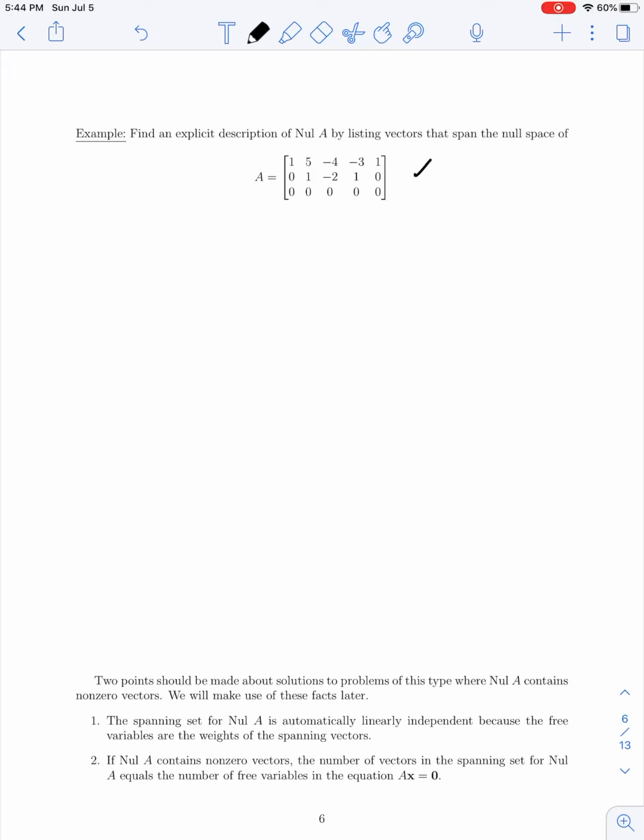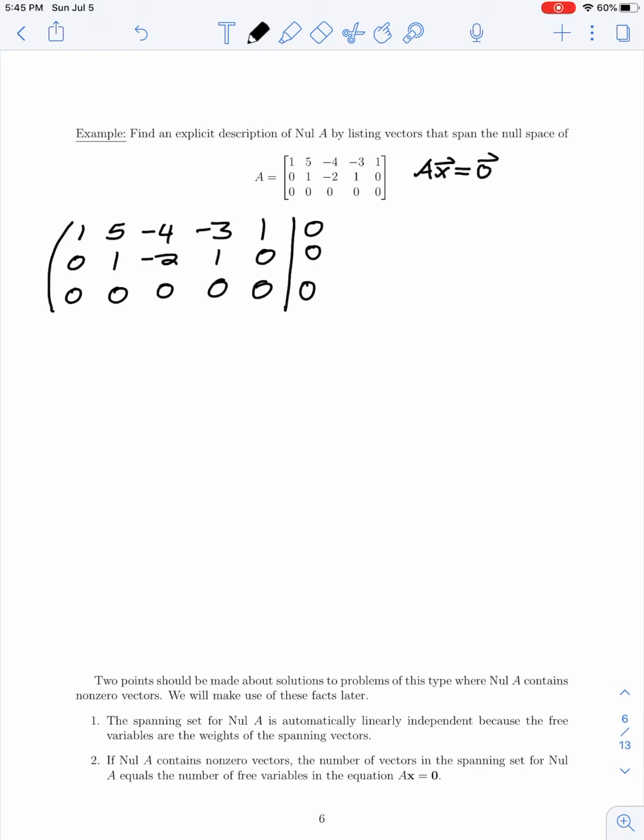So again, we're looking for the solution set of the homogeneous equation Ax equals 0, which we could express as an augmented matrix, where the first row of A was 1, 5, -4, -3, 1. Our second row was 0, 1, -2, 1, 0. And the third row of A is all zeros. And we're augmenting that with the 0 vector since this is a homogeneous system.